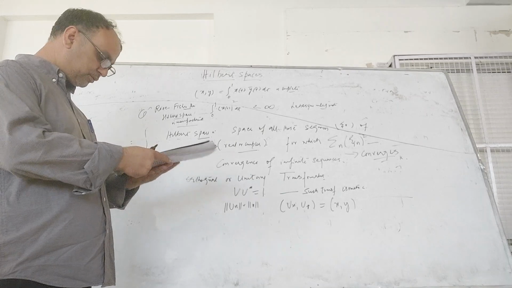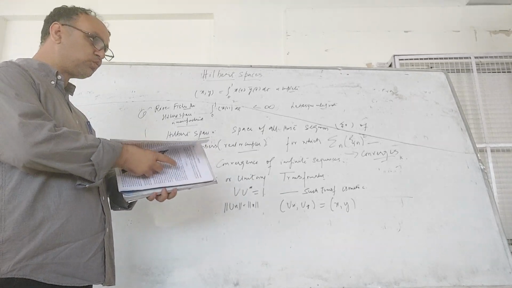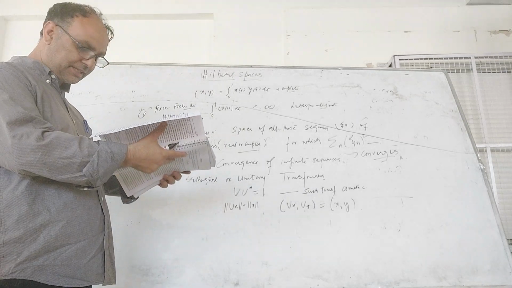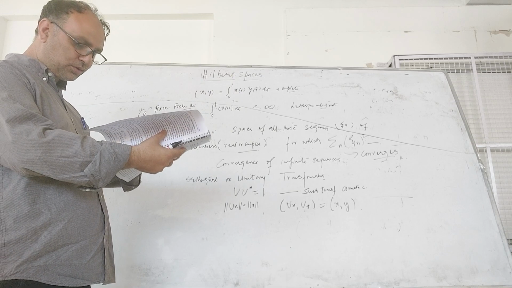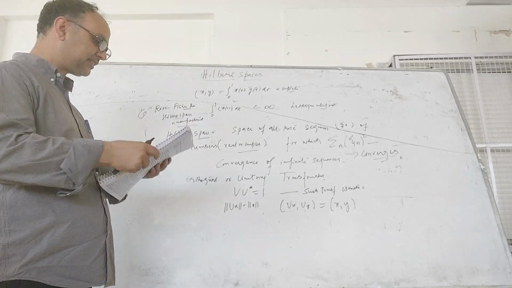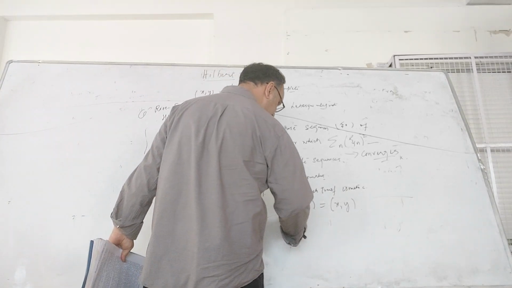So now the point is, why should we go to this thing? We say that we construct a Hilbert space in which there is a complete orthonormal set. Now what does it have to do with Hilbert spaces?